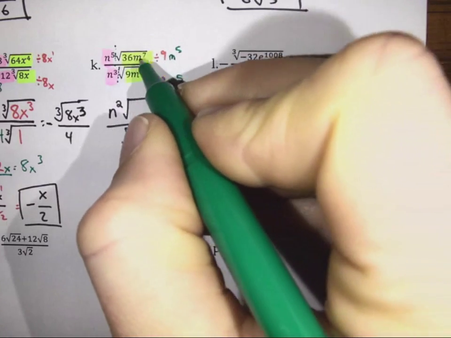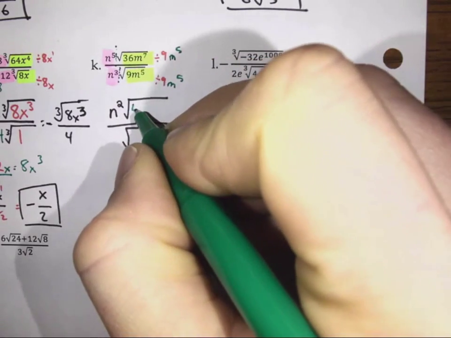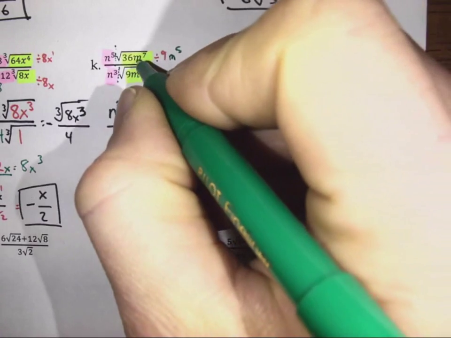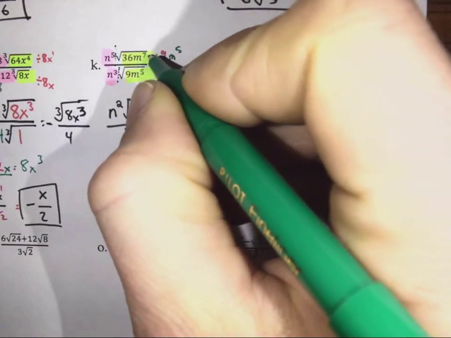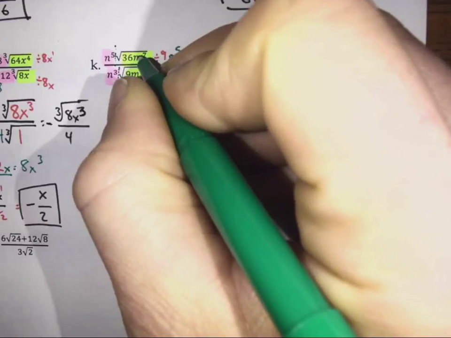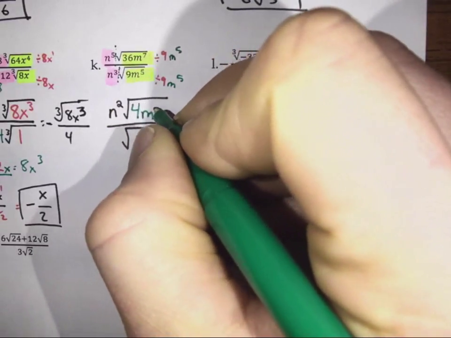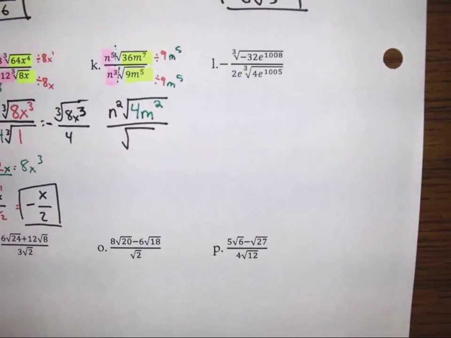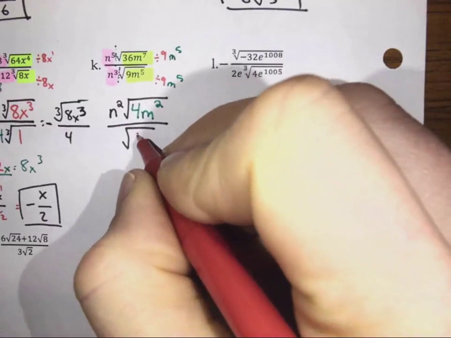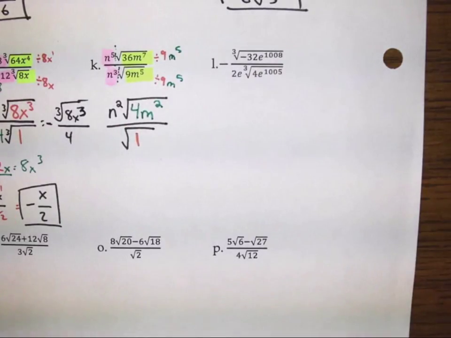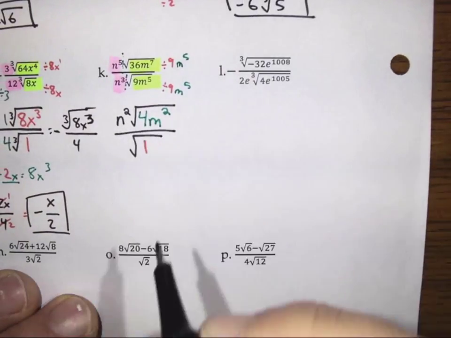So when you do that on the top, 36 divided by 9, you get 4. And m raised to a power 7 divided by m to the power 5, we subtract those exponents. So it's going to be m to the power of 7 take away 5, which is m squared. And on the bottom, well, we're just dividing something by itself, so that's going to give us a square root of 1.